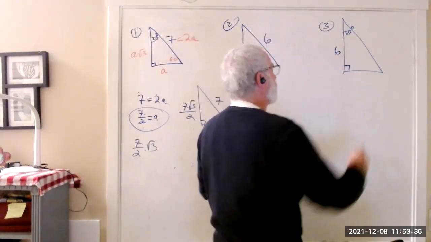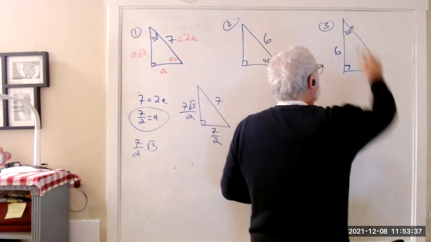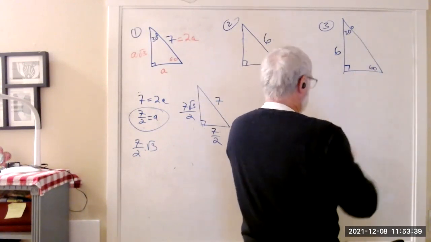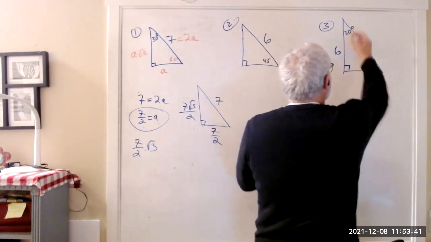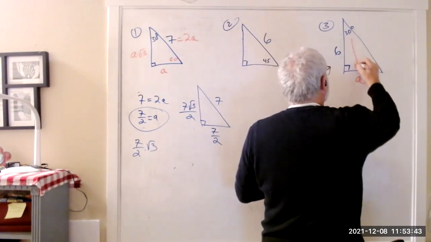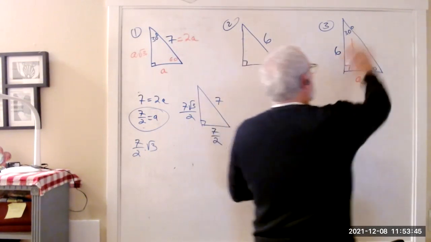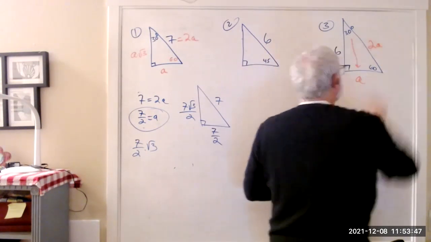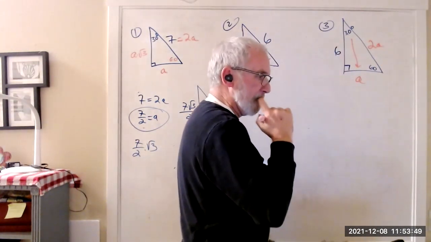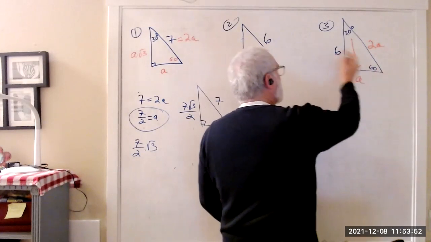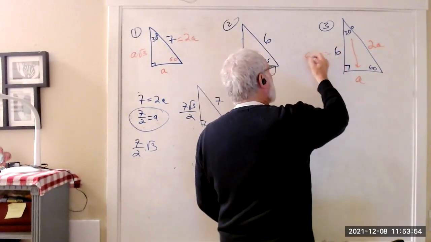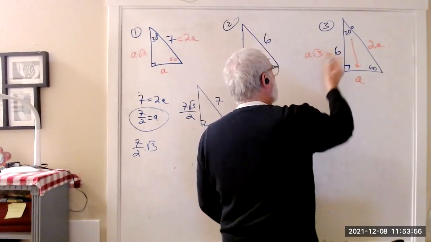Okay, again, 30, 60, 90. This side opposite the 30 has to be the A. The hypotenuse is 2A. And the side opposite the 60 is A times the square root of 3.